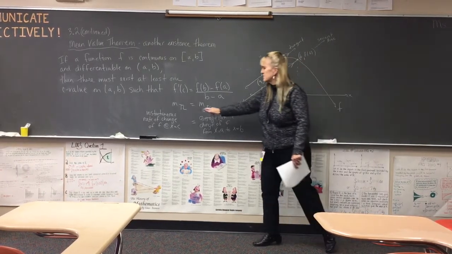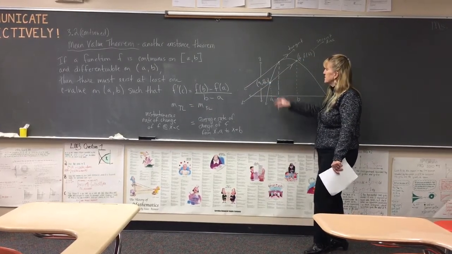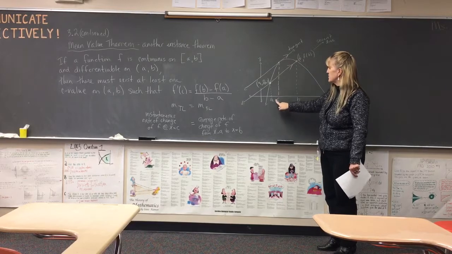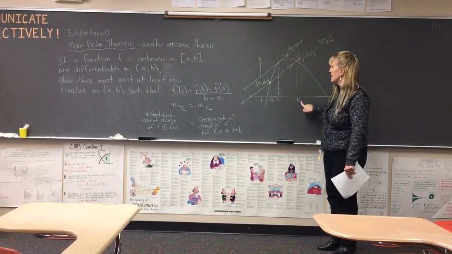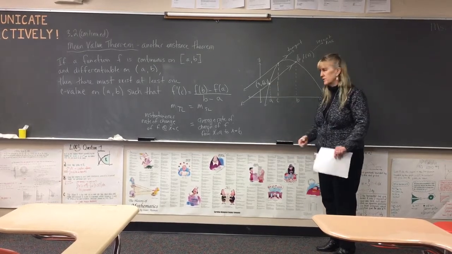This says the slope of the tangent line has got to equal the slope of the secant line. An instantaneous rate of change for some value c on the closed interval has got to be equal to the average rate of change of the function on the closed interval.